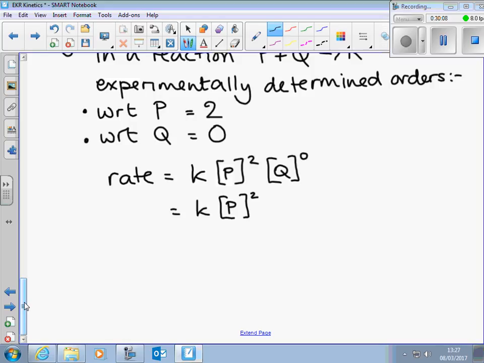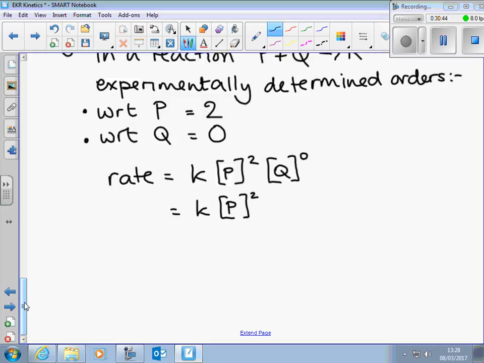Because obviously, the index that is multiplying your concentrations is very variable. They could both be 1, they could be both 2s, you could have a 0, you could have a 3, there's all sorts. And what we've got to do is have the units on the right side of the equation matching the units on the left, which are always the same, because rate is always moles per decimeter cubed per second.